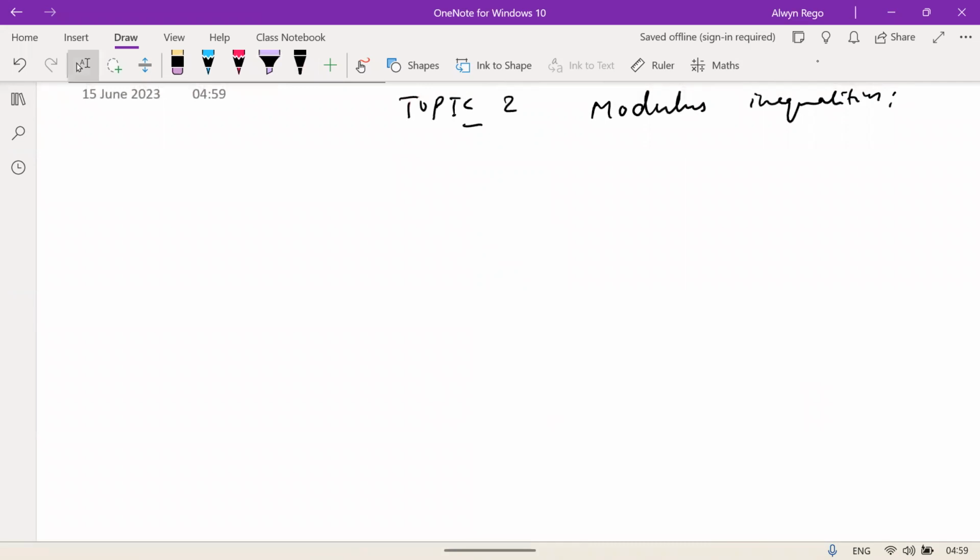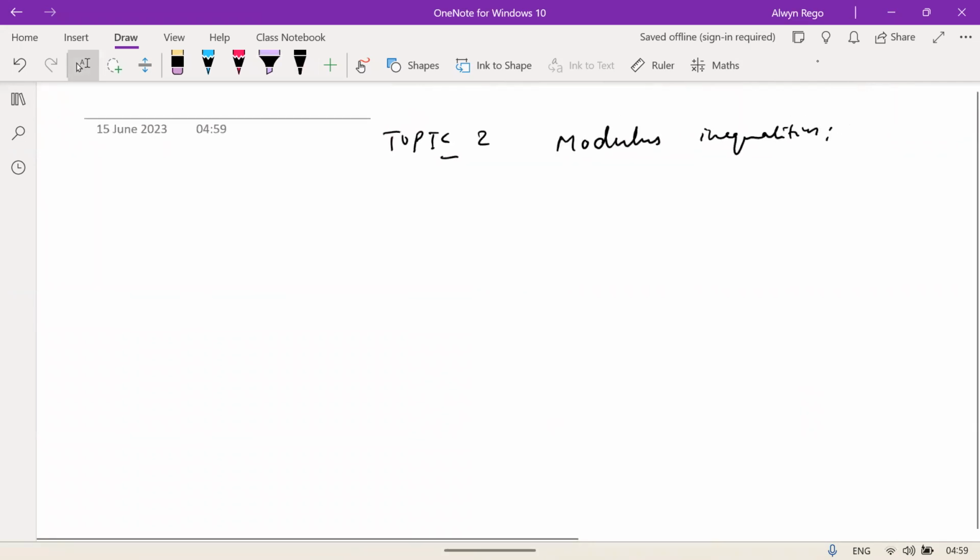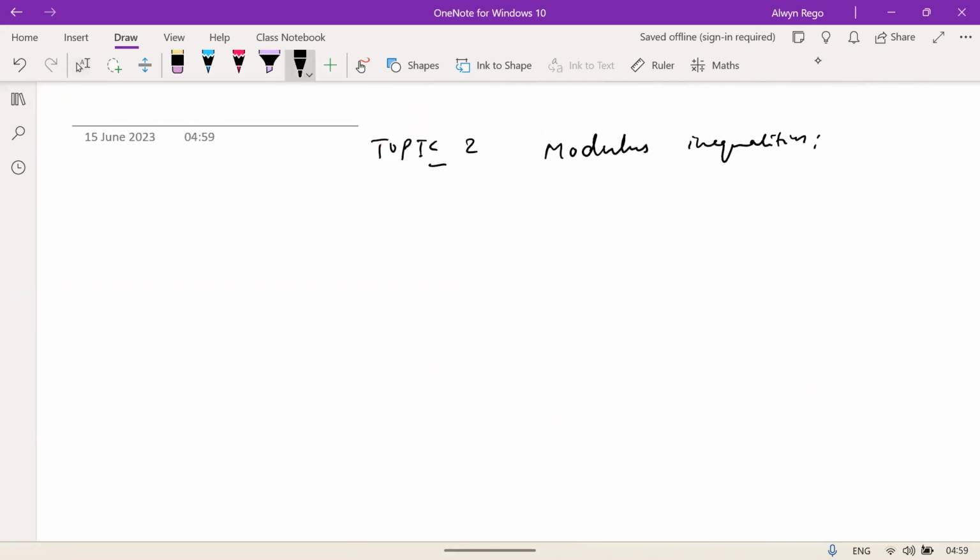Let's first define the modulus function. The modulus of a number gives us the non-negative value. For example, the modulus of 5 gives you 5 only.